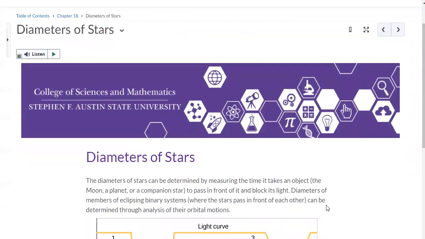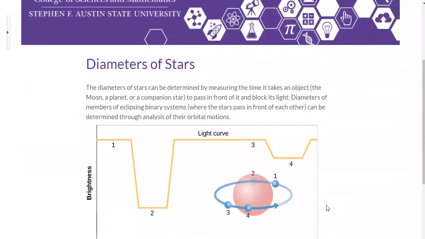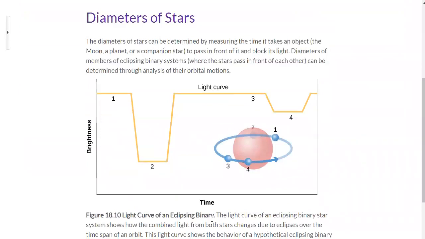Another way that we can measure the sizes of stars is using eclipsing binary stars. Sometimes stars are so far away from us that they look like one. However, sometimes there might be a small star moving in front of a big star, and so its brightness might dip tremendously like that in, say, position 2 when the brighter, smaller star goes behind.